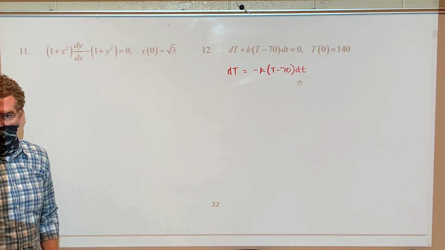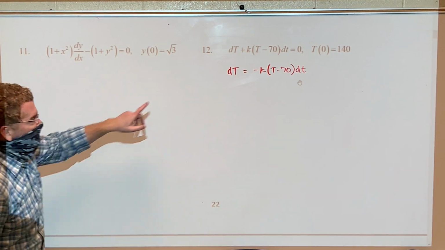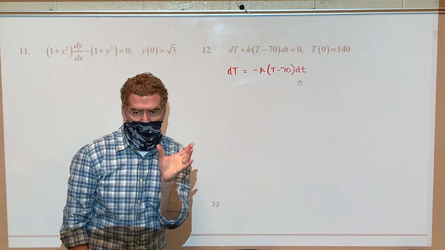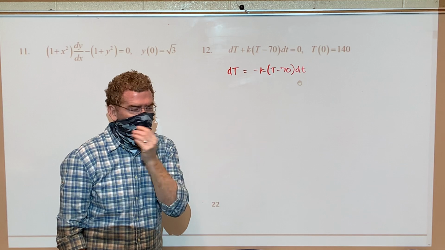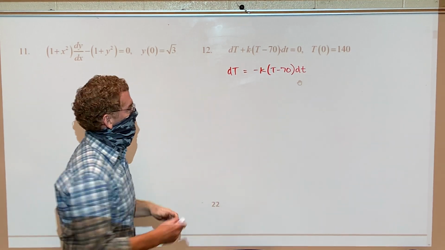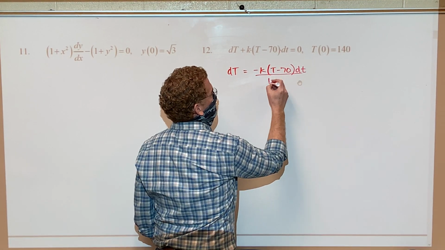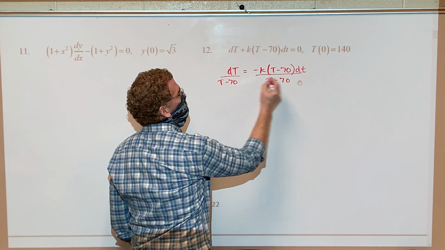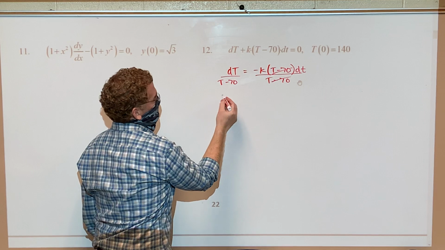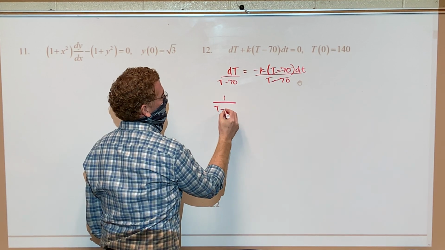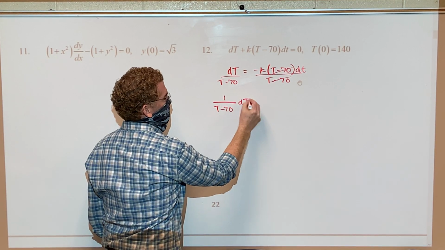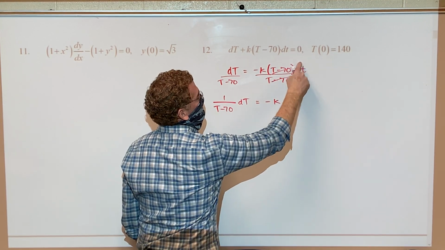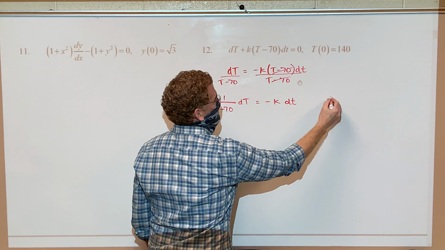Now I've got to get rid of the big T values over here, because that T minus 70 is joined together. I can't really separate it. So I'm going to divide all of that big T minus 70 on both sides. That leaves me technically 1 over big T minus 70 d big T and negative k dt. And that's separating my variables.